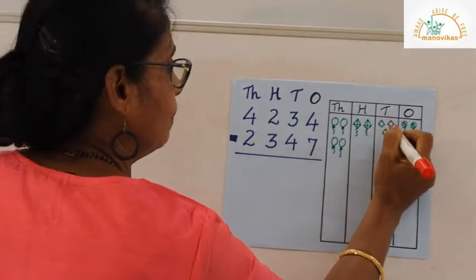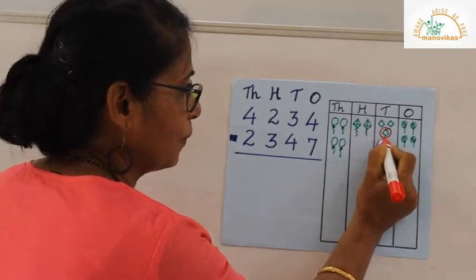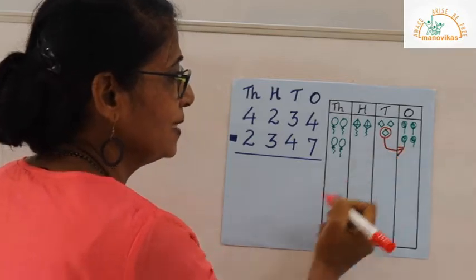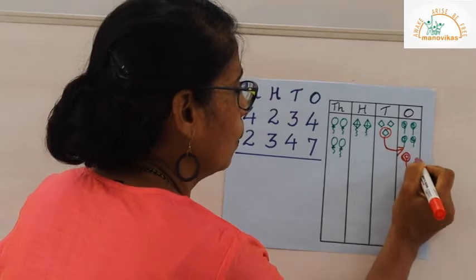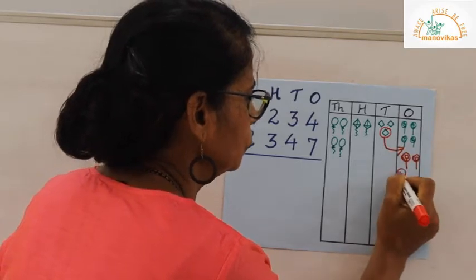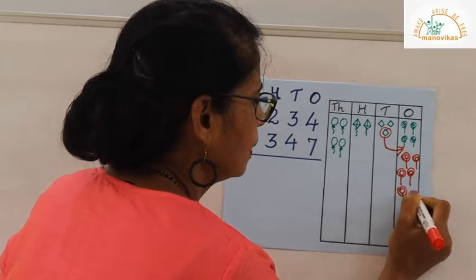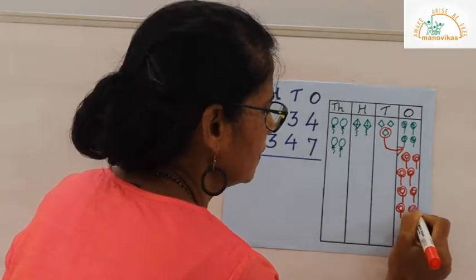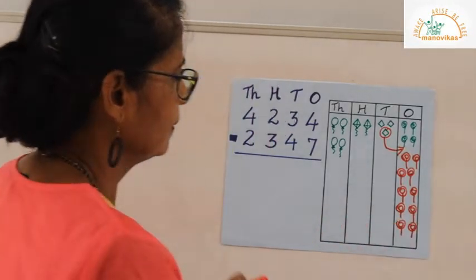So we will borrow from the tens place. And we will take from the tens place 1 ten equal to 10 ones. So we have 1, 2, 3, 4, 5, 6, 7, 8, 9, 10.